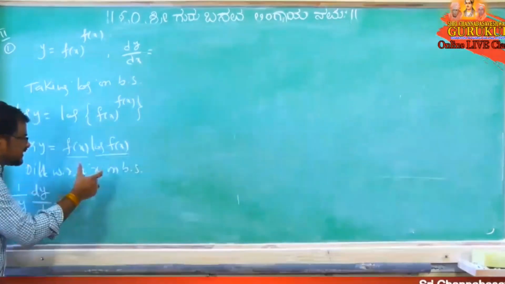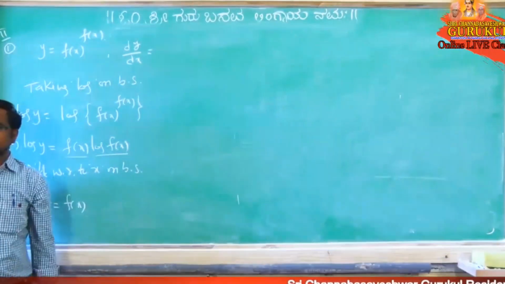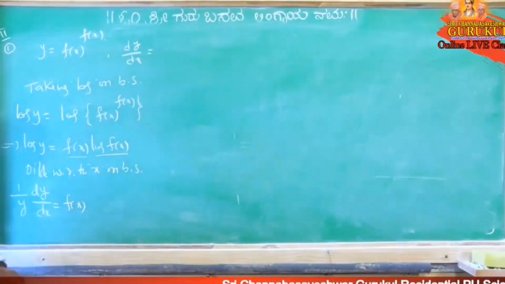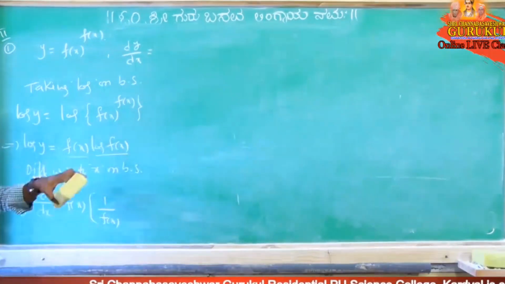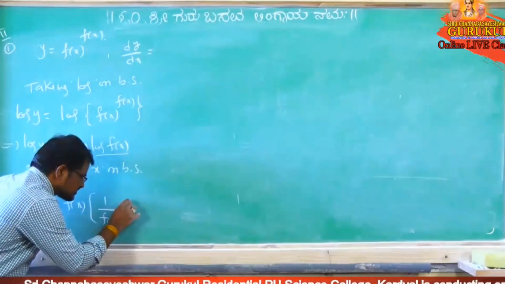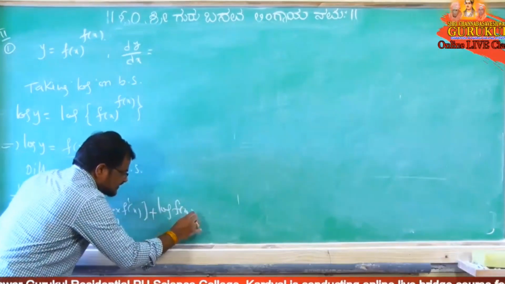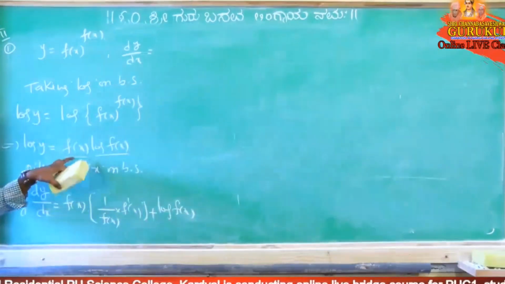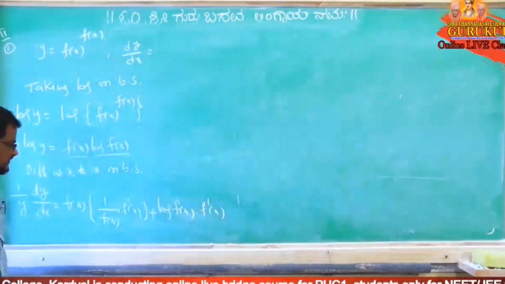Product rule we have to apply. So this one as it is, differentiation of log of f of x means 1 by f of x, again differentiation of f of x, f dash of x, plus log of f of x as it is, differentiation of f of x, f dash of x. Now simplify this one.